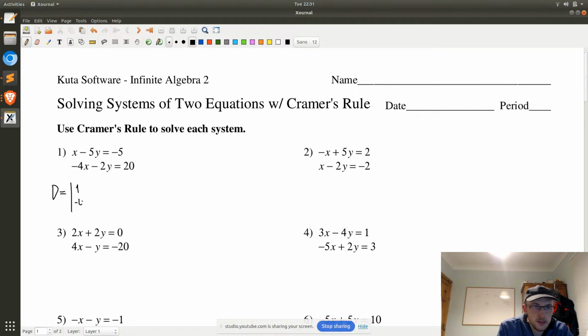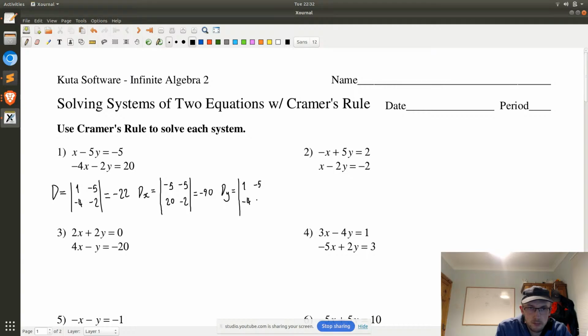Determinant of the entire thing, minus 2 and 20, minus 2, minus 20, minus 22. -10, -100, 10 take 100 is minus 90. Twenty take away 20 is 0.